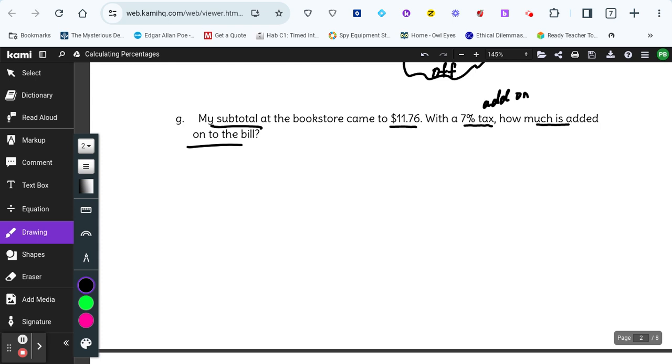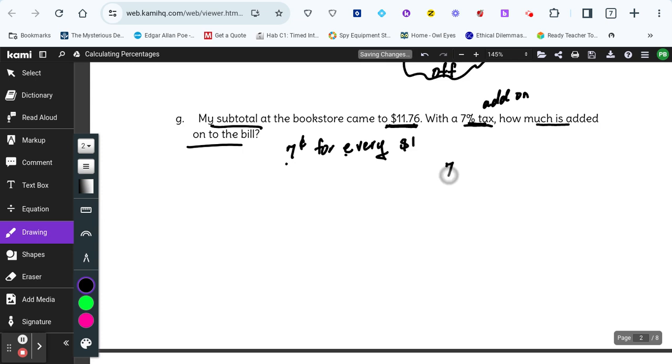But let's just see how much tax is going to be added on. So basically, they're going to add on 7 pennies for every $1. But we've got $11.76. So we're going to figure out what is 7 pennies 11.76 times.